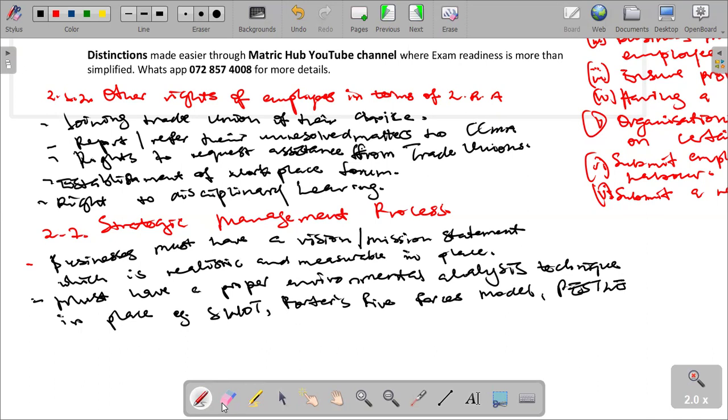These are analysis or industrial analysis tools that must be put in place, and then businesses must formulate alternative strategies to respond to the different challenges.